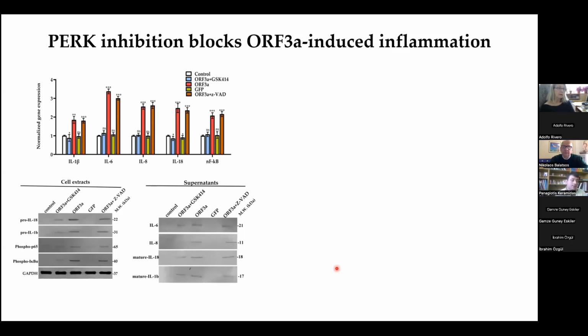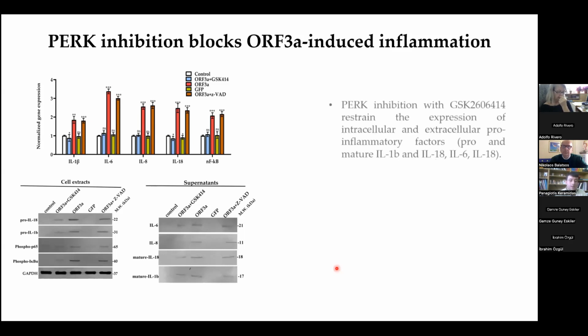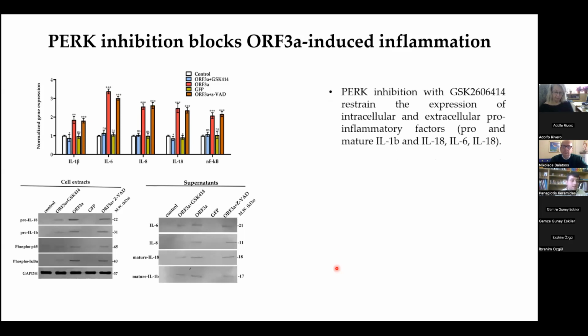Then we treated transfected cells with GSK, and we found out that PERK inhibition restrained the expression both of intracellular and extracellular pro-inflammatory factors, such as the major interleukin 1b, which is shown here, and interleukins 18, 6, and 8.